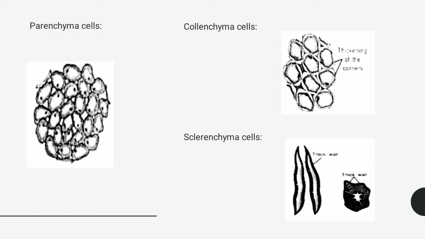If they have a thick cell wall, it means they are able to provide mechanical support to the plants. These cells are closely packed, so there is no intercellular space between the cells. These are mostly dead cells. If they are dead, they lack protoplast at maturity.